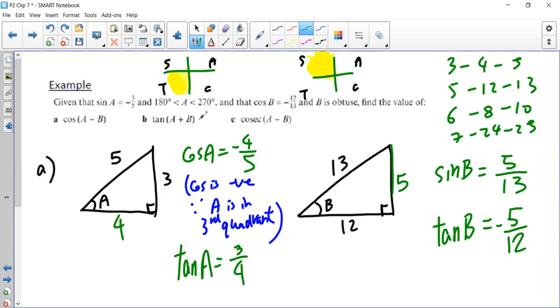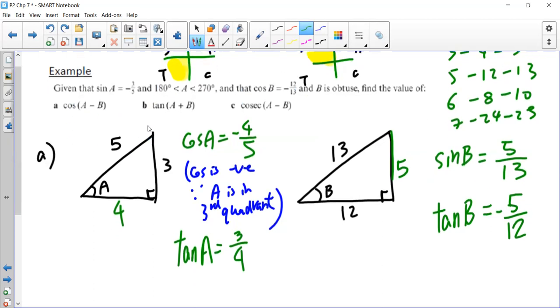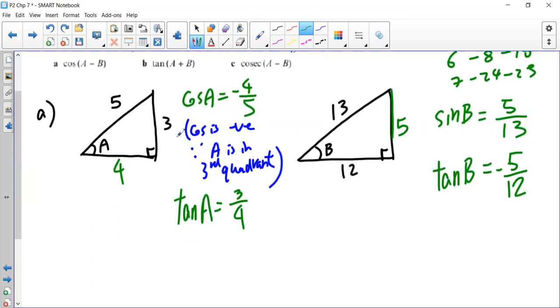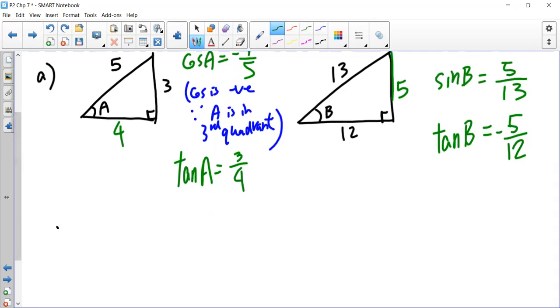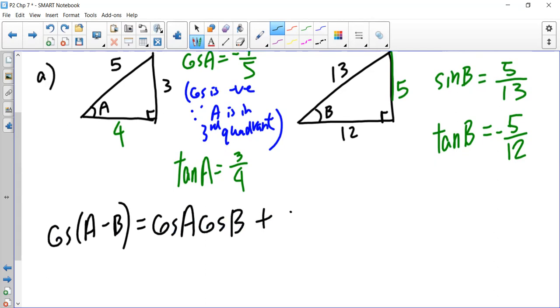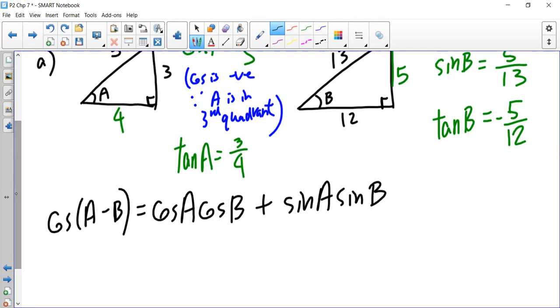Okay. So now after we have all the values, sine A, cos A, tan A, sine B, cos B, tan B, we can now expand all the formulae and work out the answer. So question A, cos(A minus B). Cos(A minus B) using the formula is cos A cos B plus sine A sine B. If you haven't remembered what the formulae are, go home now and remember them, okay?